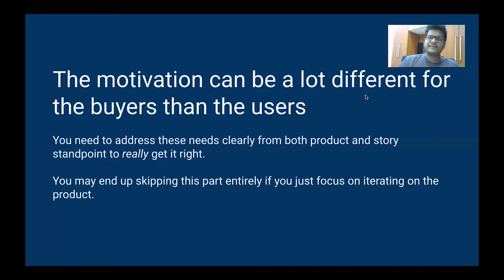And a lot of successful B2B SaaS products make sure that both the buyer's motivation and the user's motivation are taken care of, and dealt with within the product. And that's where you create a compelling product that people want to buy and also use. A lot of times when people are building new products, they skip one of these parts, and that's what leads to the failure of the product or lack of adoption of the product, even if people buy it.